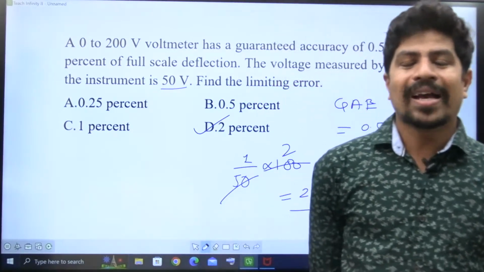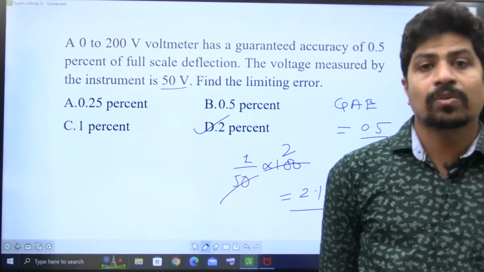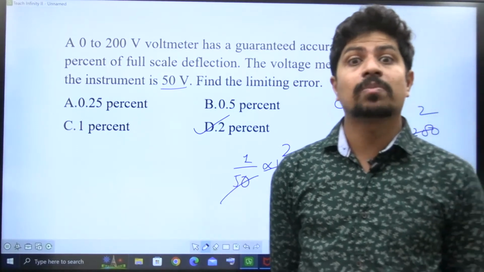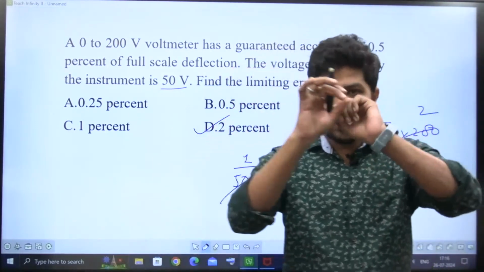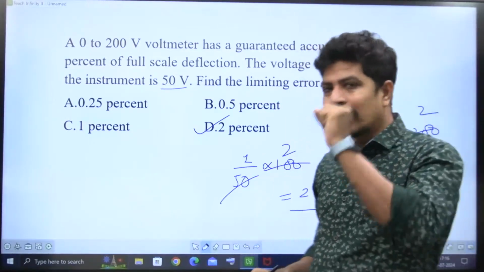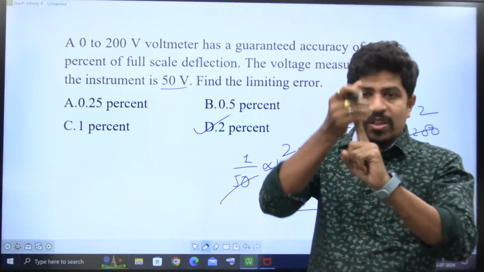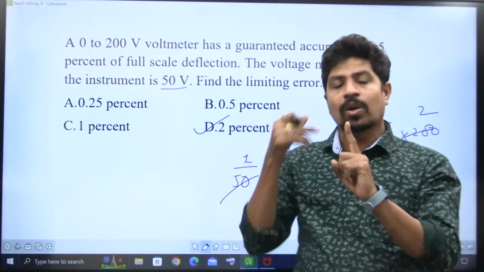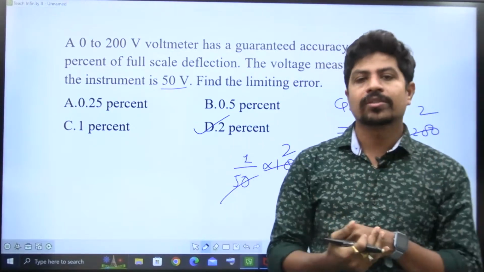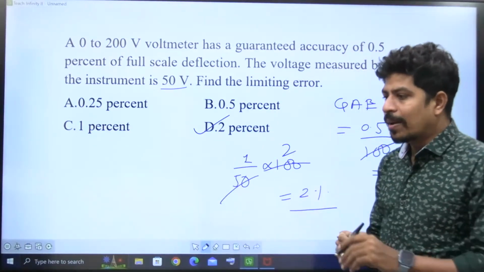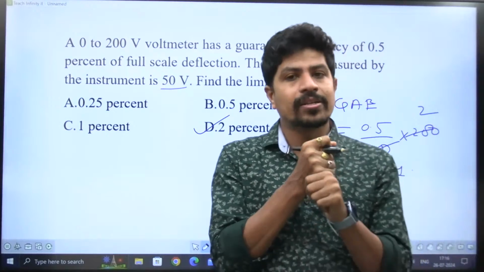Guaranteed accuracy error is always with respect to full scale deflection, whereas limiting error is always with respect to measured value. The value of error is going to be constant. What is the value of error? 1 volt. 1 volt with respect to 200 is 0.5%. 1 volt with respect to 50 volts is 2%. Right? That's all. The magnitude of error is constant, that is 1 volt.